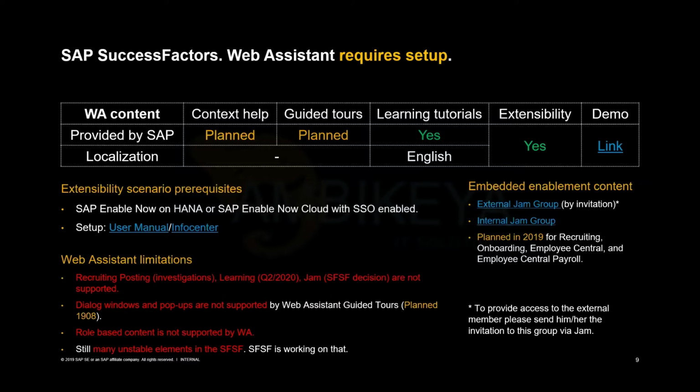So I personally had several customers in late 2018, early 2019, who wanted to use Web Assistant for SuccessFactors, but they were not able to because all of their users were constantly being prompted with an Enable Now login window. So even before they clicked on the question mark, they were being prompted for an Enable Now login window.